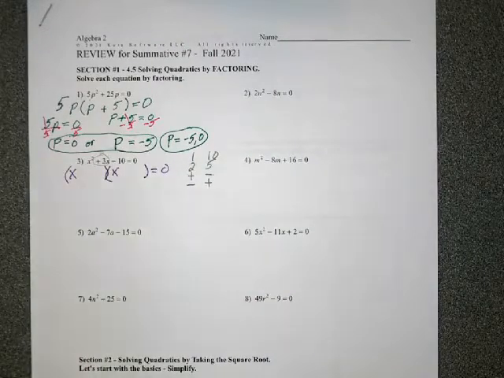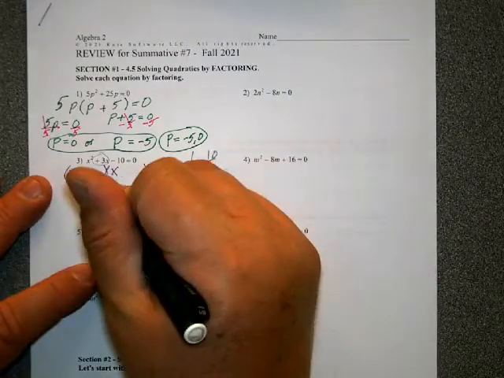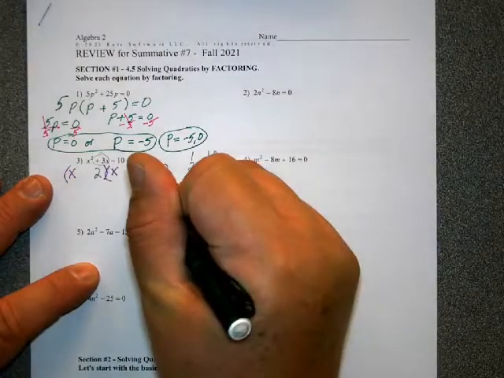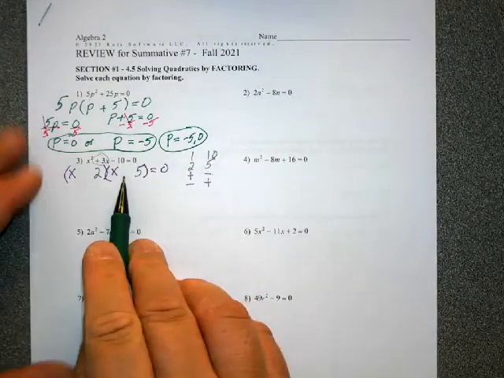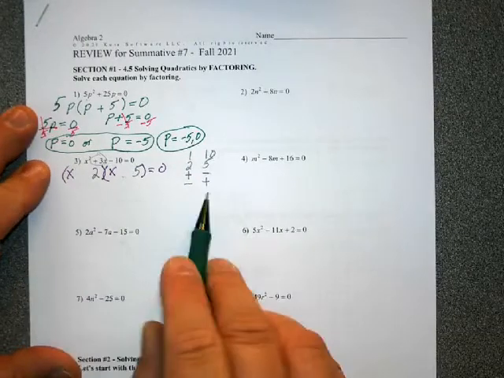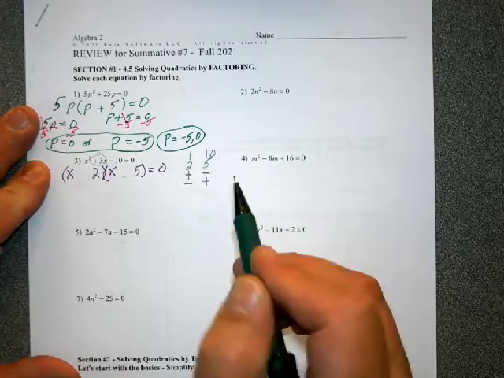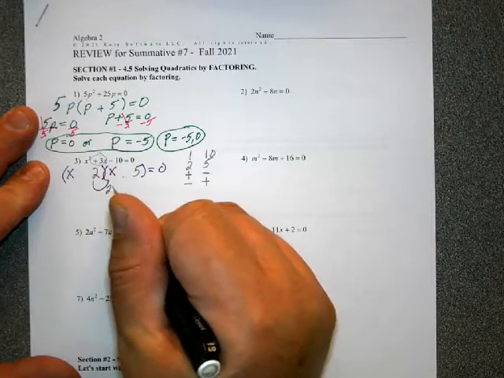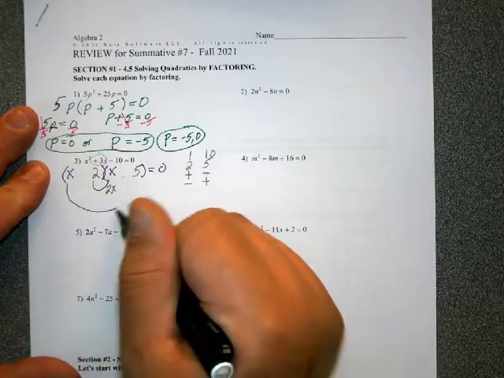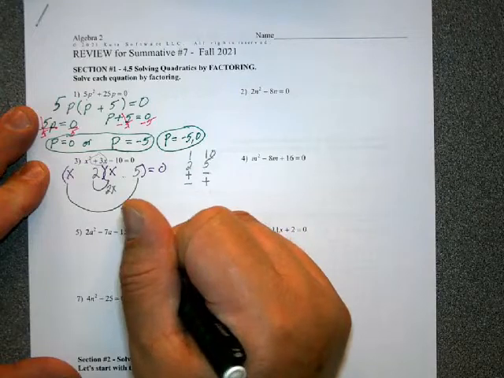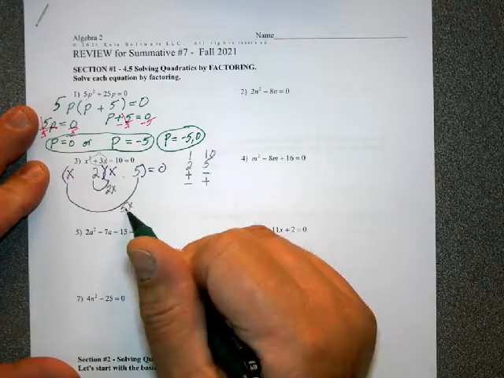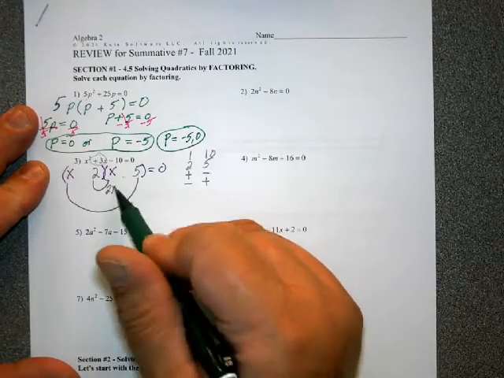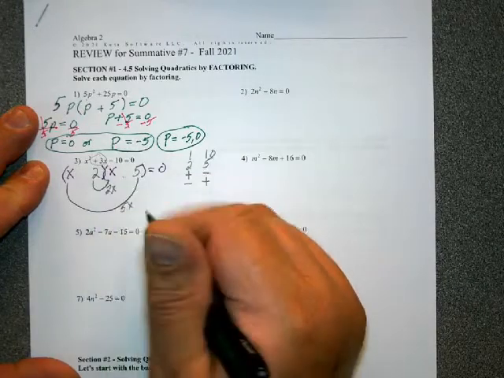So I'm just going to start with the 2 and the 5. I'm going to hold off on the sign because I don't know which one goes where. So I'm going to do my inner arch, I get a 2x. My outer arch, I get a 5x. And when I subtract 2 from 5, I'll get my 3.